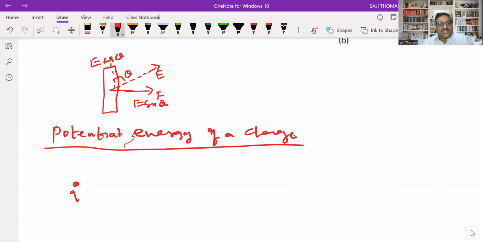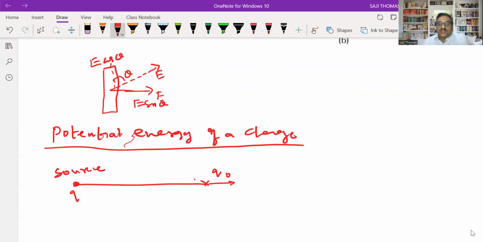So this is a charge Q. I call it a source charge. I am moving another charge, say Q0. Okay, to move Q0 towards this charge Q, I need to do work against this repulsive force.